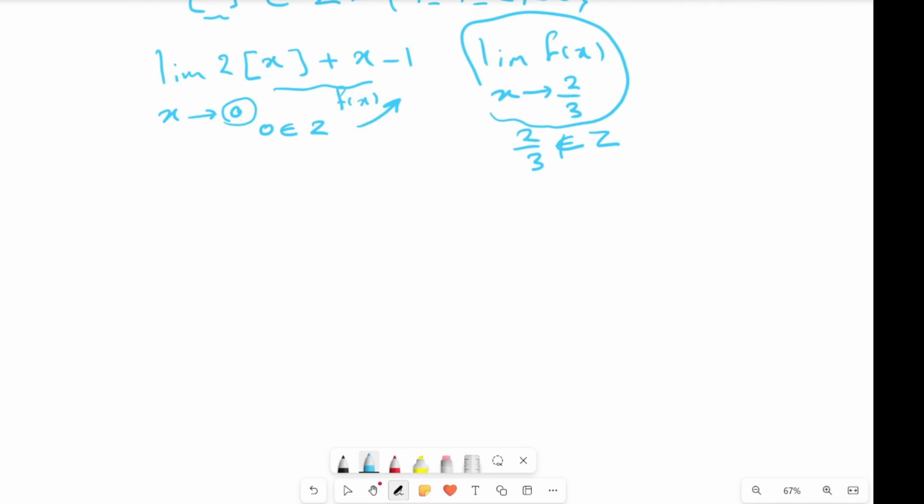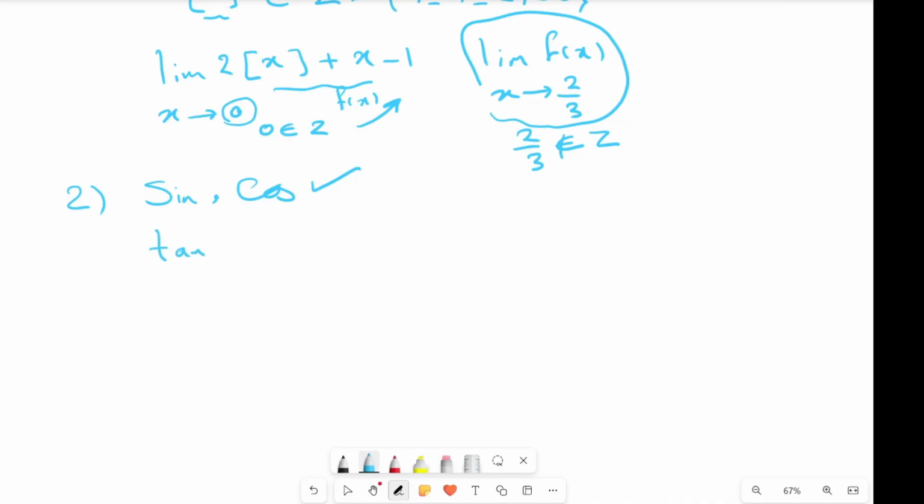And another function that is a disaster is in trigonometric functions: tangent and cotangent. In trigonometric functions, guys, sine and cosine are always okay. We haven't any problem with them because they are continuous in all the domain.